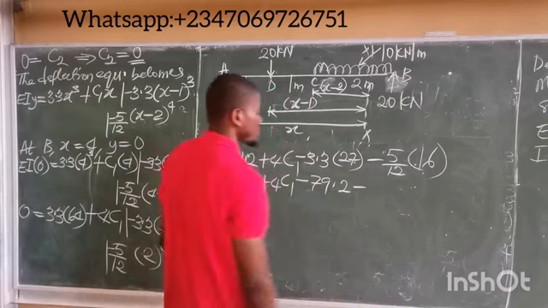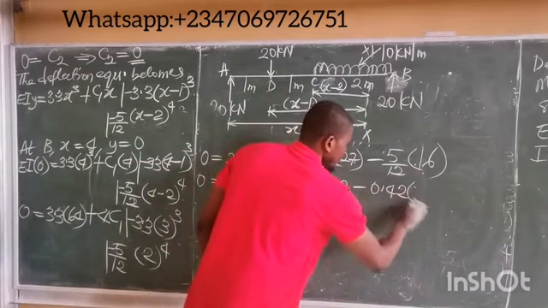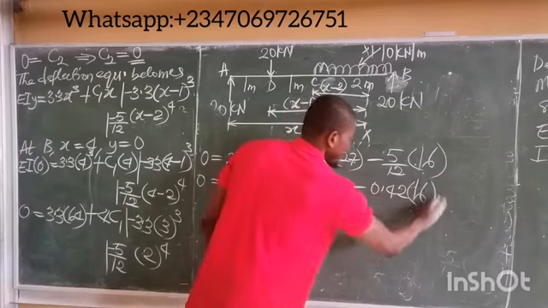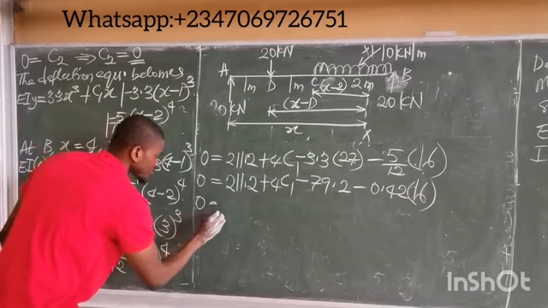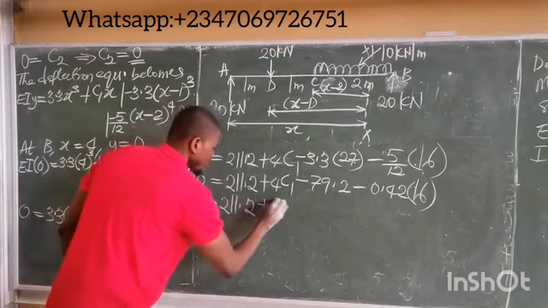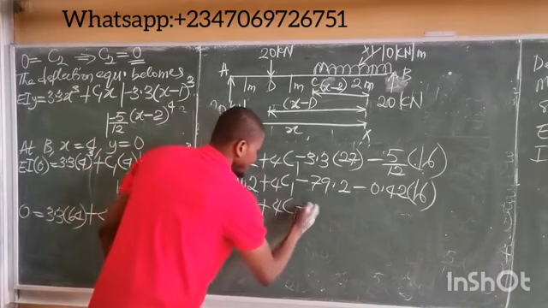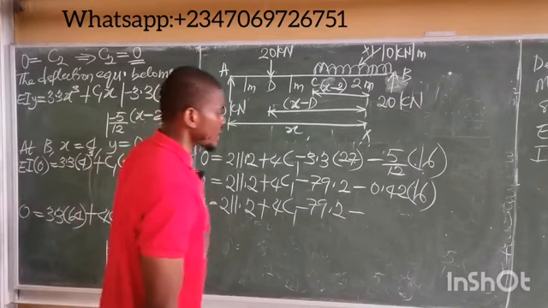Then minus 5 over 12, which is 0.42, multiplied by 2 to the power of 4, which is 16. So 0 equals 211.2 plus 4C1 minus 79.2 minus 0.42 times 16.